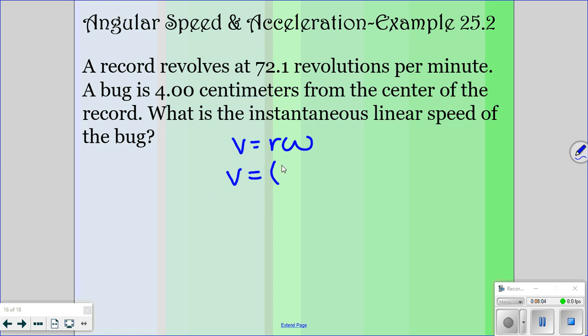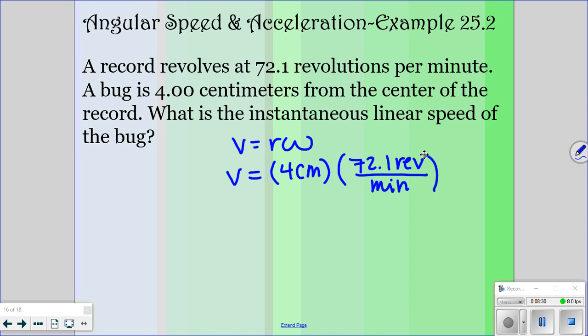So it's 4 centimeters. And on these, you're going to want to put units because it's basically going to be a unit conversion problem. You're going to fill in your formula, and then you're going to have to convert units sometimes. And then our angular speed is 72.1 revolutions per minute.